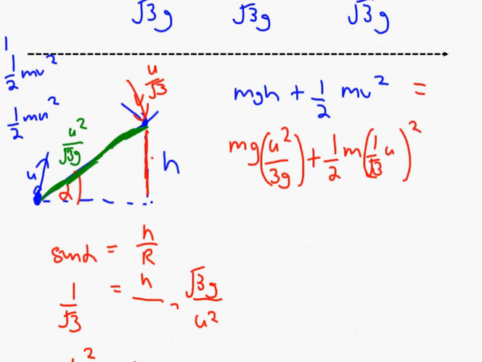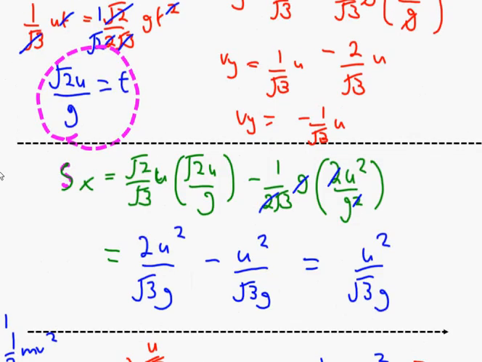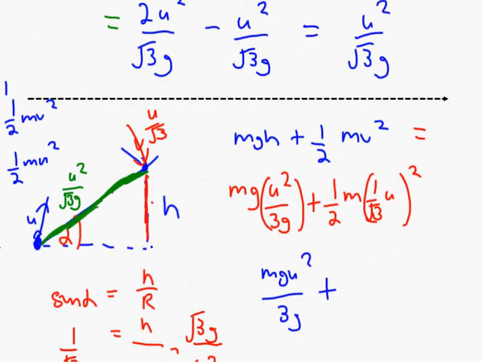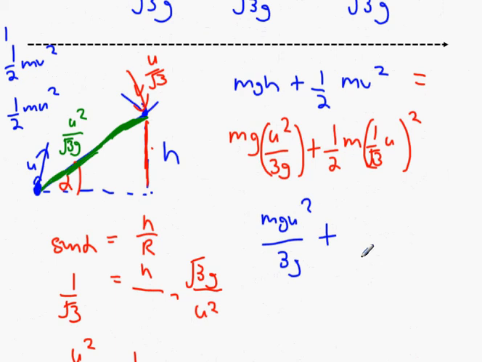Now, what we're going to get here is mgu squared over 3g plus, that's going to be 3, so that's going to make it a sixth, mu squared over 6. Now this g will cancel out with this g.